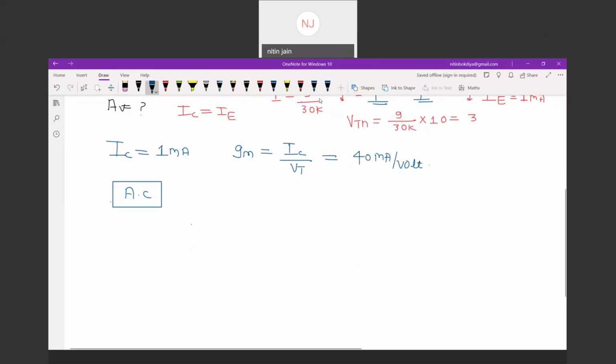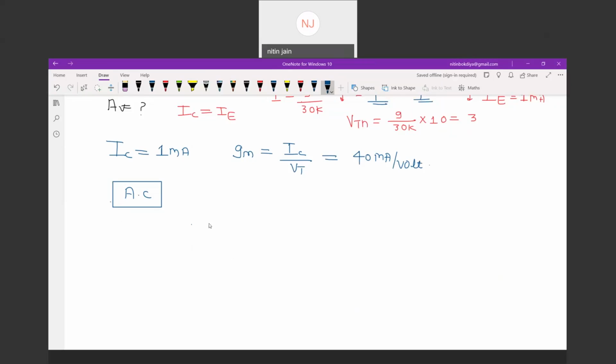AC equivalent कैसा बनाएंगे? Let's see. In AC equivalent, all capacitors will behave as short circuited. तो बना लेते हैं.